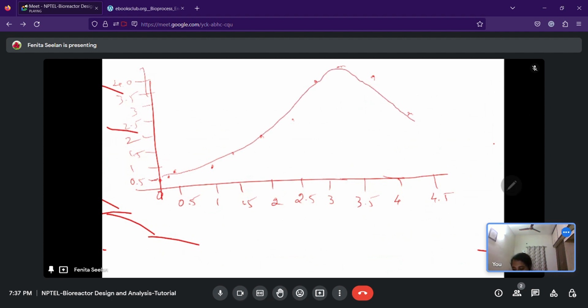Okay. So in this we have to determine the mu max value. It looks like an S-shaped curve, so we can take a slope. Slope is equal to mu.